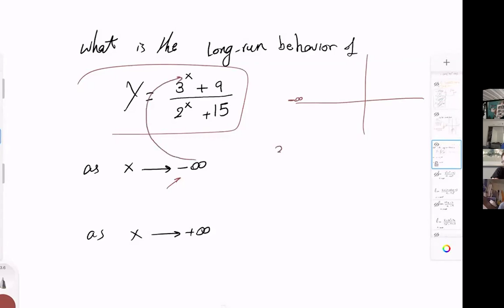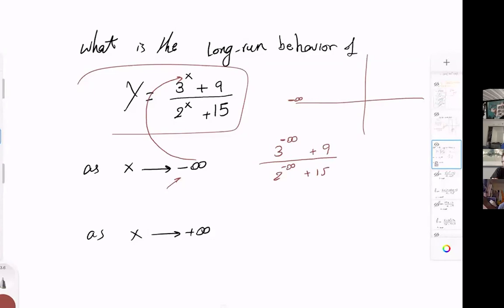So we have 3 to the power negative infinity plus 9, over 2 to the power negative infinity plus 15. Anytime we're dealing with negative exponents, we cannot just calculate in our head. We need to make the exponent positive.